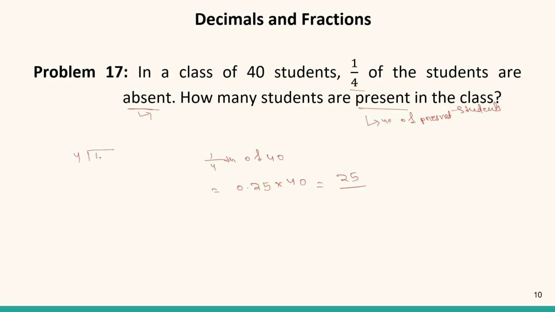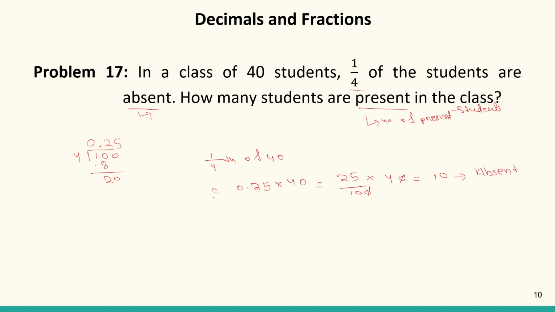By converting it to decimal form, what we get is 0.25. So this is 25 by 100 into 40. The zeros cancel out here, and we get 10. So 10 students are absent.